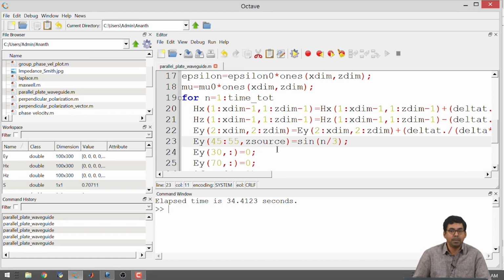There may be specific application where they want to have different mode patterns or different field patterns. Unless there is some requirement like that, this is how people would do it, right.